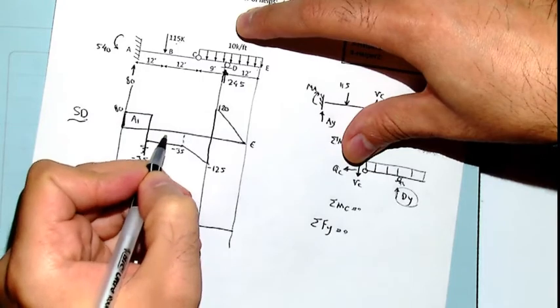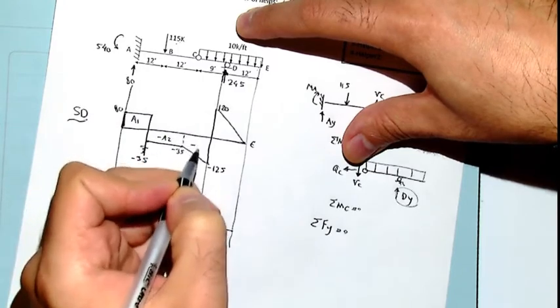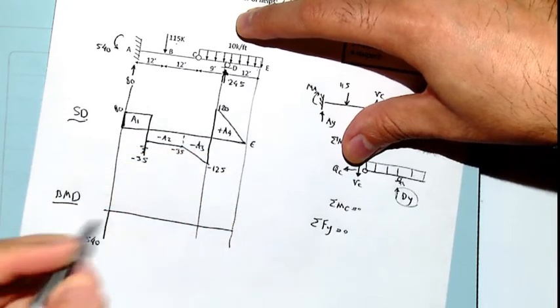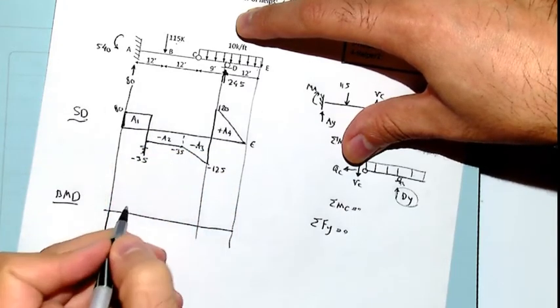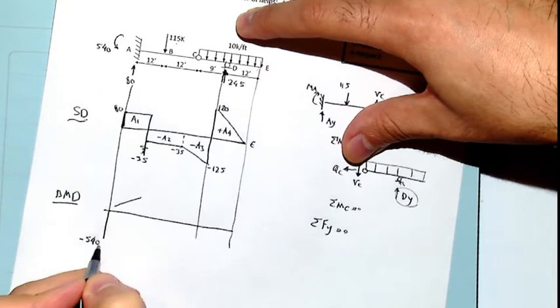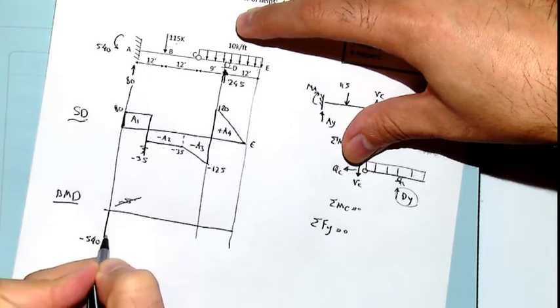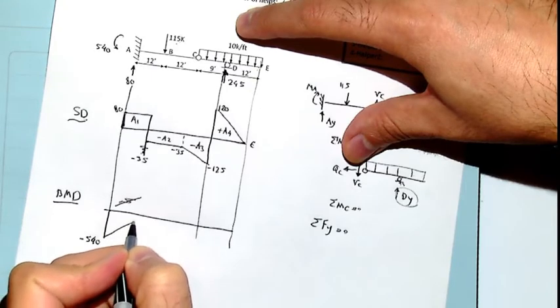I calculate A2, don't forget it's minus, A3, and it's positive A4. So it's a straight line. Oh, we have minus. From here, a straight line, I go straight to reach some point almost here.